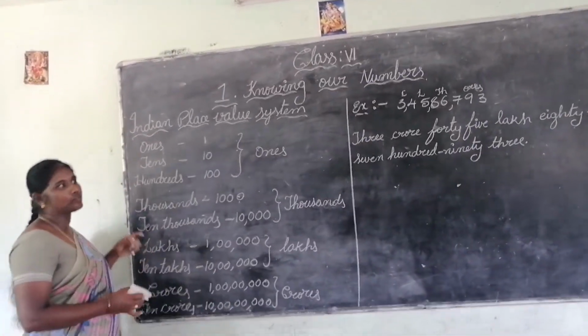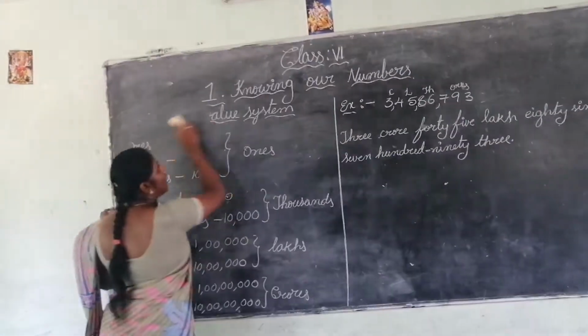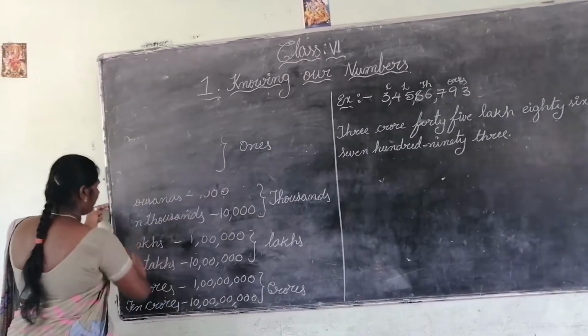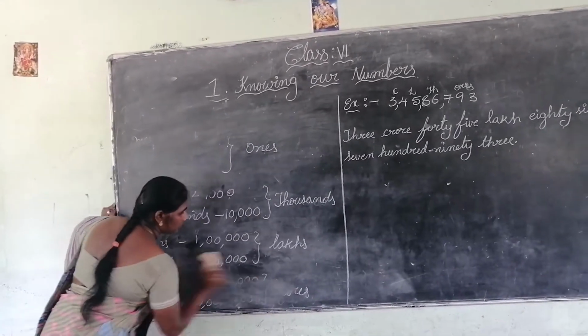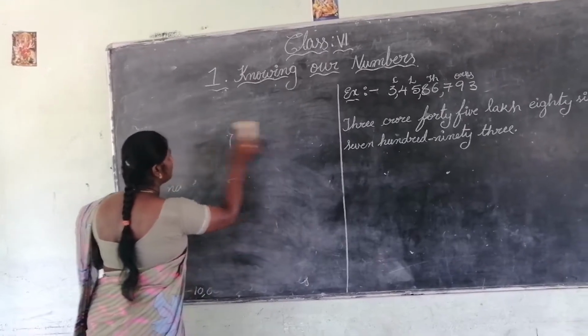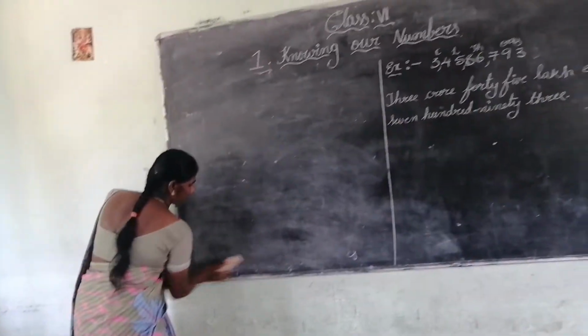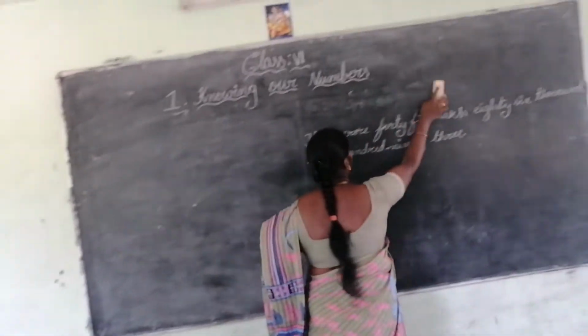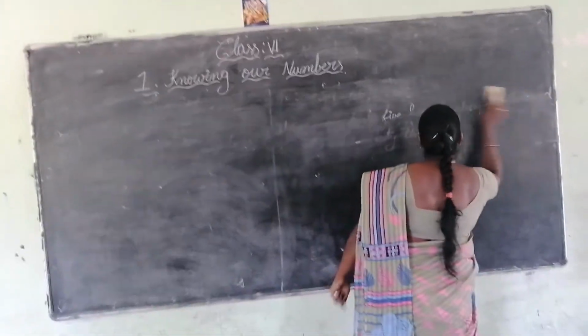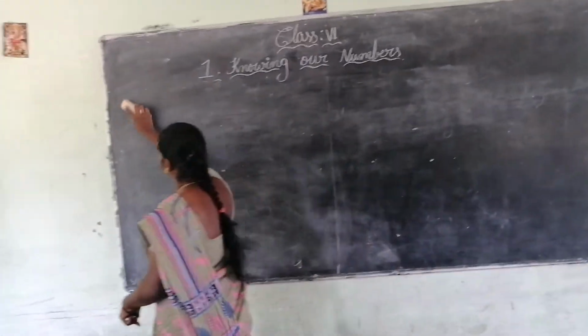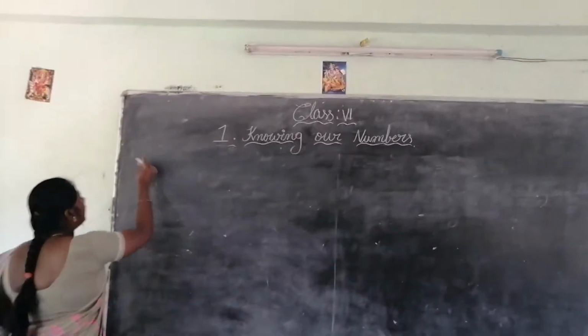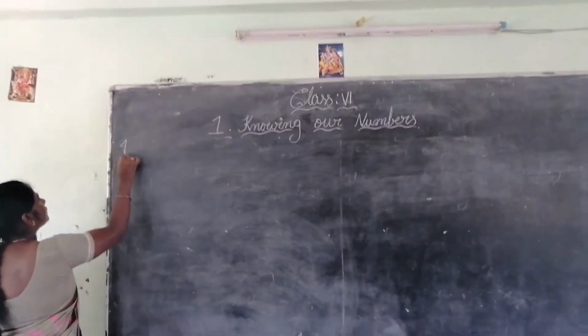Next, this is the Indian place value system. The other place value system is the international place value system.